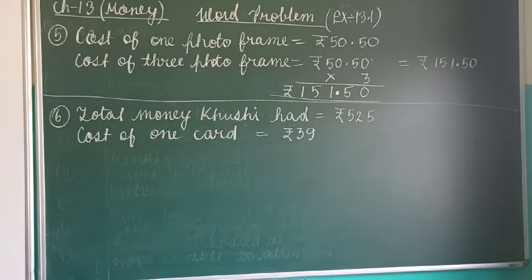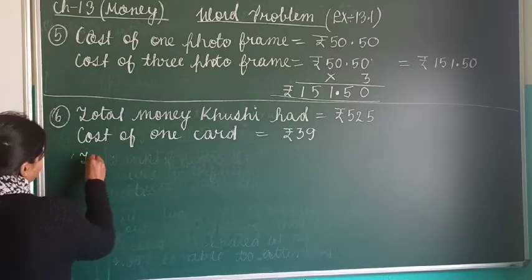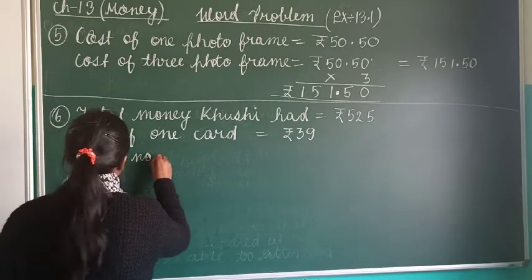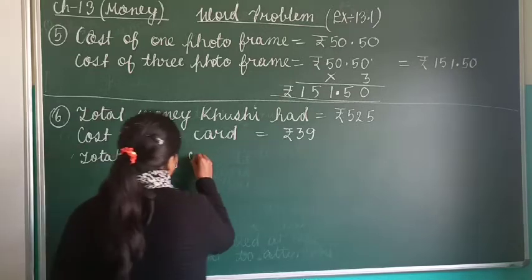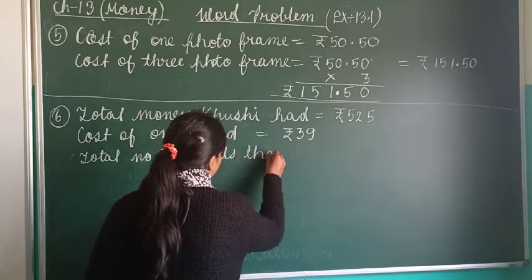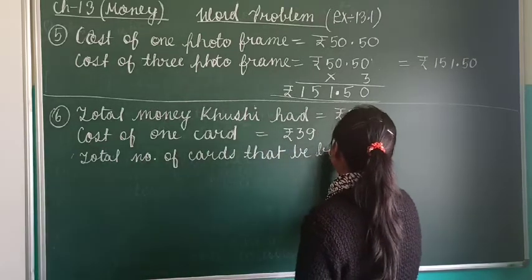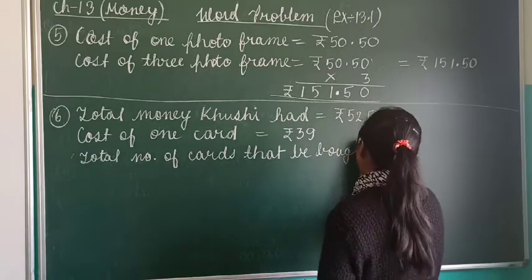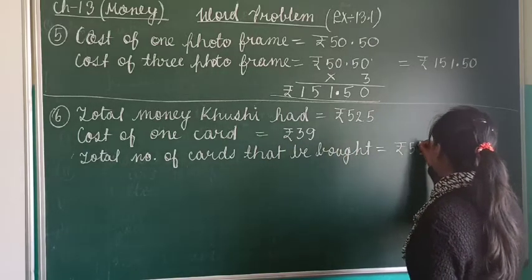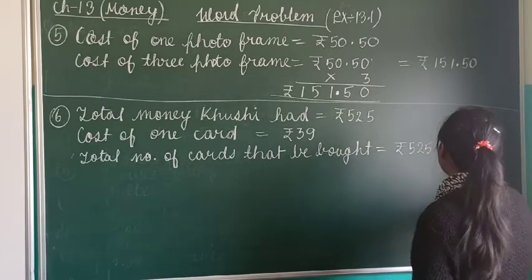Let us do it. Total number is equal to what? Rupees 525 divided by rupees 39. Let us divide this.